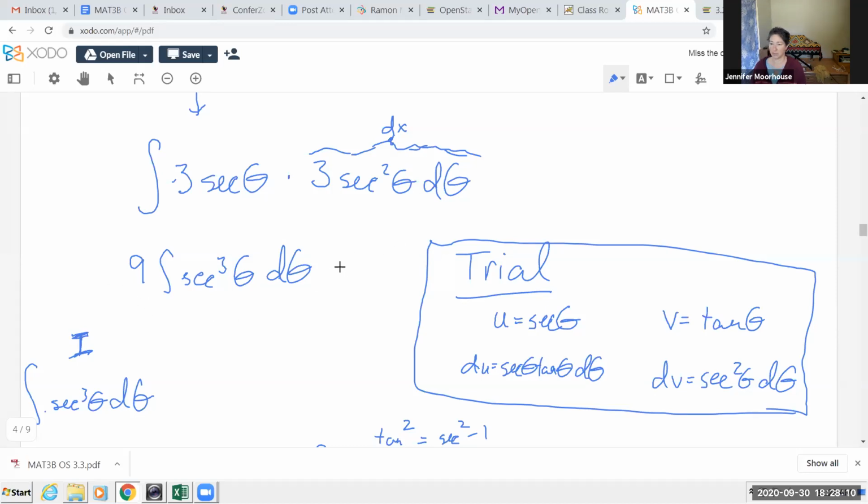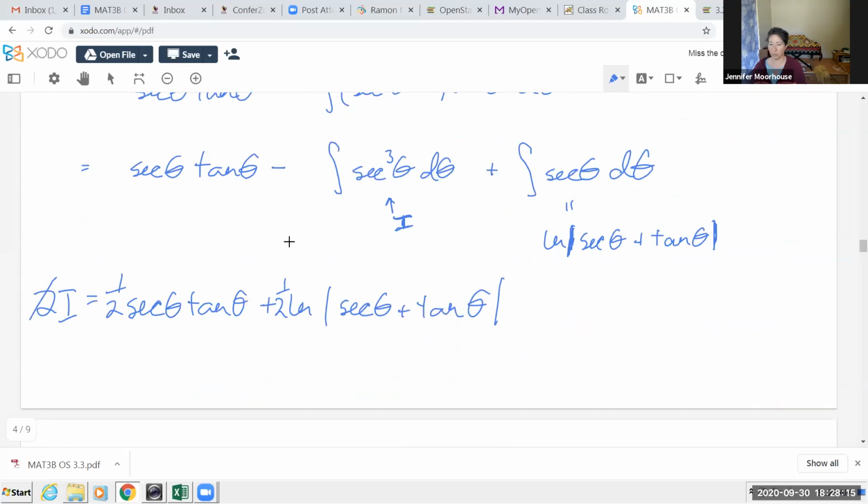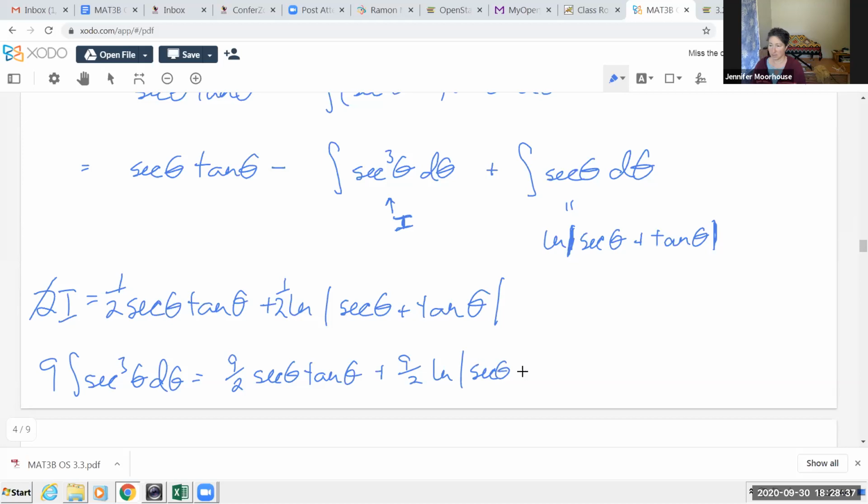So now 9 times the integral of secant cubed would be 9/2 secant theta tan theta plus 9/2 ln of secant theta plus tan theta, and sub back.